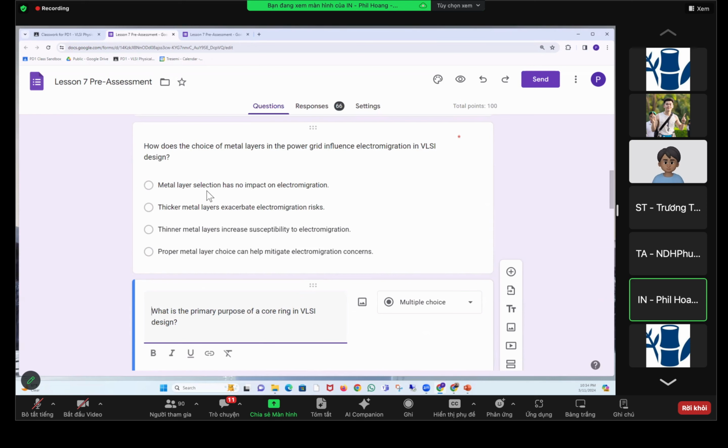A, metal layer selection has no impact on EM. B, thicker metal layers exacerbate electromigration risks. C, thinner metal layers increase susceptibility to electromigration.